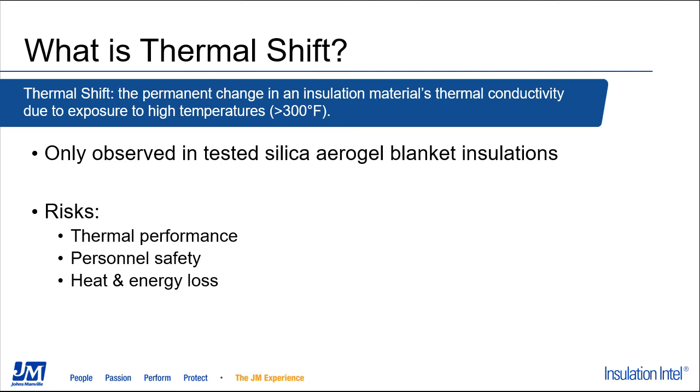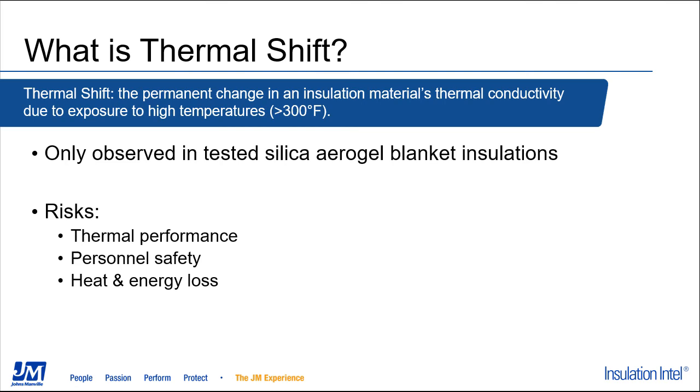Based on all of the different products, insulation materials we have tested, Silica Aerogel seems to be the only product that exhibits this characteristic. That shift in thermal conductivity can be fairly significant, upwards of 15–20%.